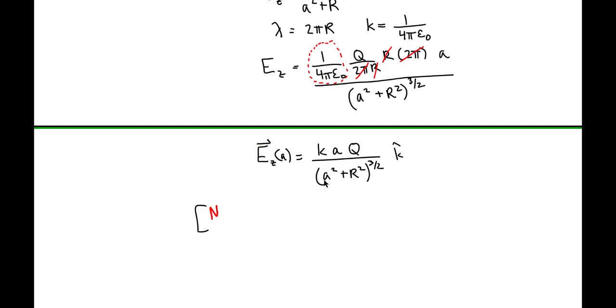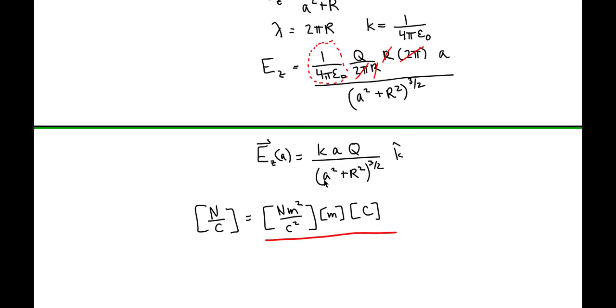The units of the electric field is a Newton per Coulomb. The unit of k is the Newton meter squared over Coulomb squared. a, which is a position on the z-axis, has a unit of meter. q, our charge, has the unit of coulombs. Under the 3/2, we have essentially a meter squared from both the a squared and the r squared.